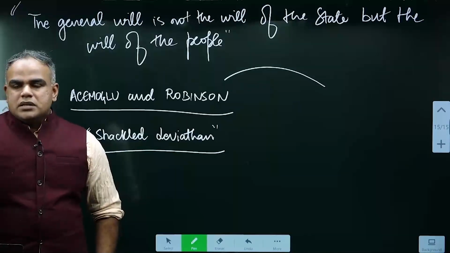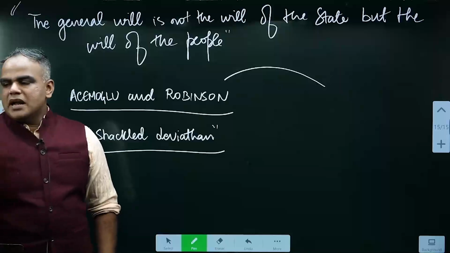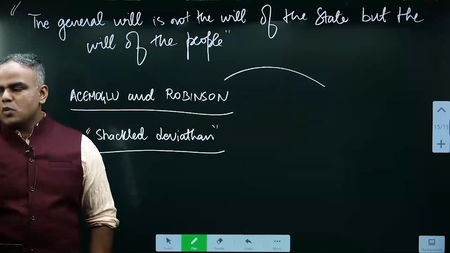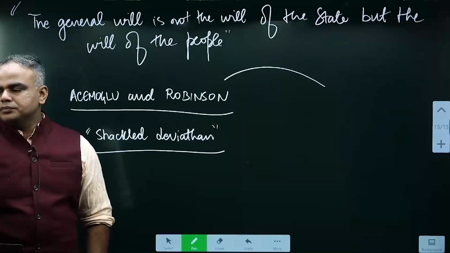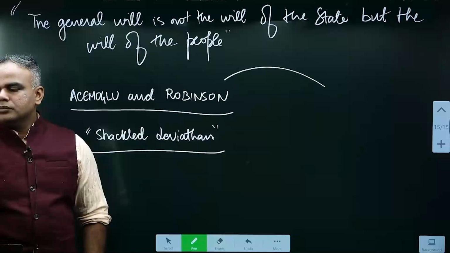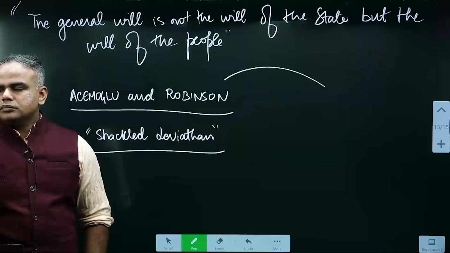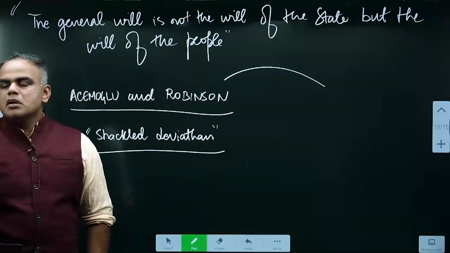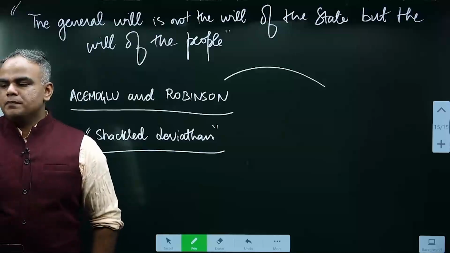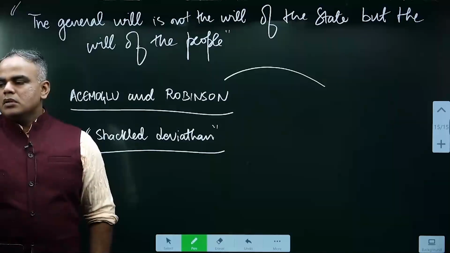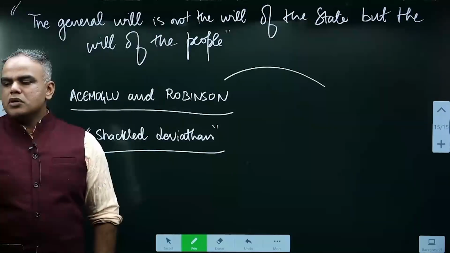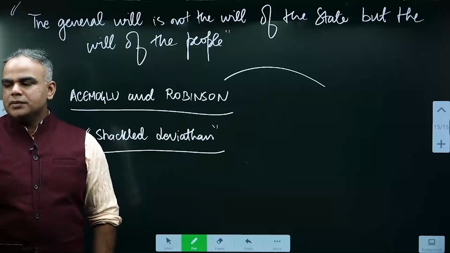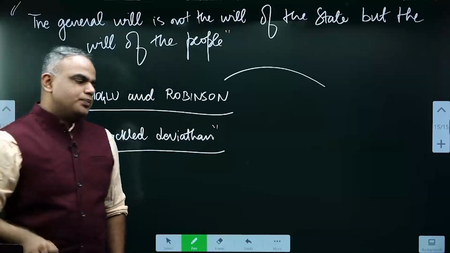Full stop, right? Thus, while monistic sovereignty provides legal clarity, pluralistic sovereignty offers a more accurate sociological understanding.